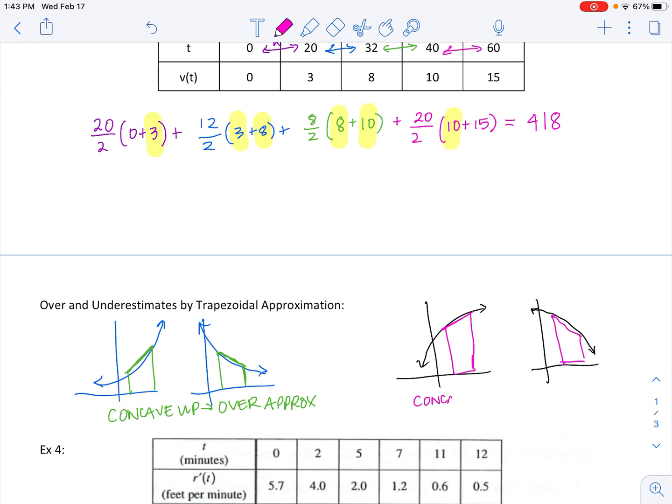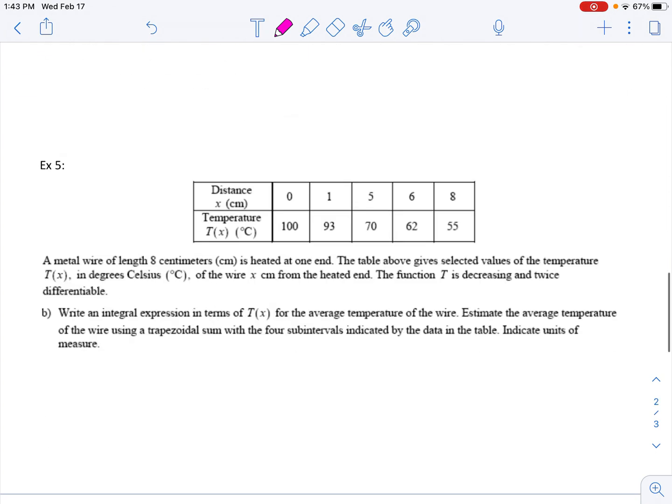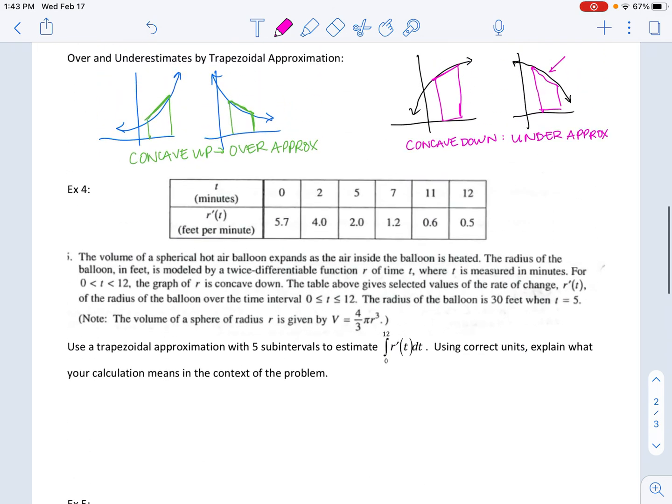So concave down, under approximation. Yay, trapezoids. Okay, and usually to figure that out, I just sketch the function and draw one huge trapezoid so I can tell if there is or isn't space between the function and the trapezoid. All right, let's see if we have time here for examples 4 and 5.